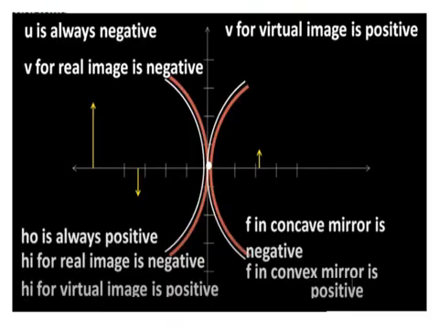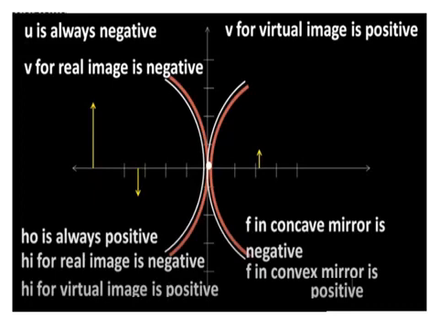Children, this is a very important slide providing you the basic knowledge about the sign of all the terms H, U, V and F. It is very simple when you understand, but very complex and complicated when you don't. Now I have taken the two mirrors.